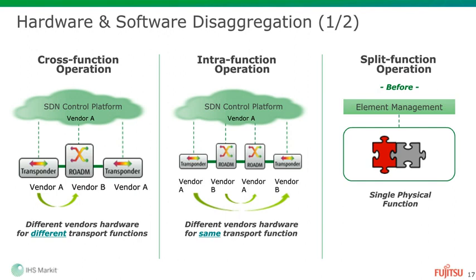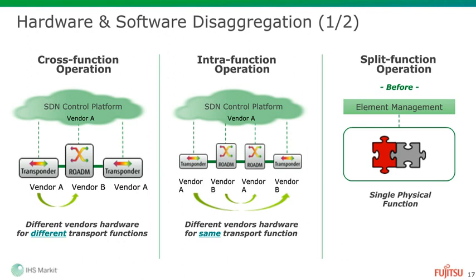This would expedite overall service delivery in the shortest amount of time possible. We then move into a cross-functional operation on this particular display. And in the cross-functional operation with SDN control, we have the ability to mix vendor equipment across the transport functions.